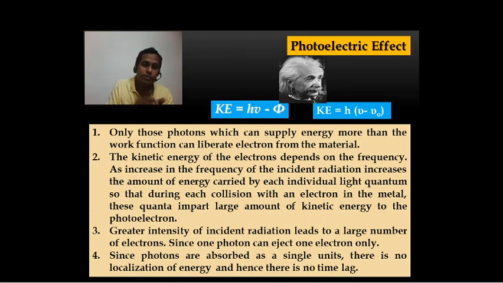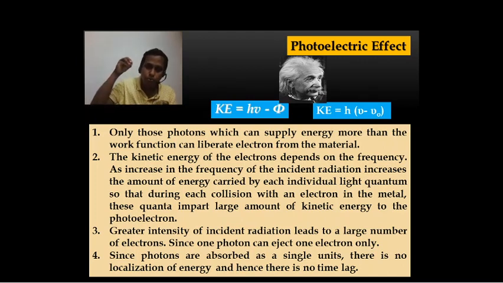Second, the kinetic energy of the ejected electron depends only on the incident frequency, not on the intensity. Then third, if you increase the intensity, a larger number of electrons are ejected. I already mentioned.